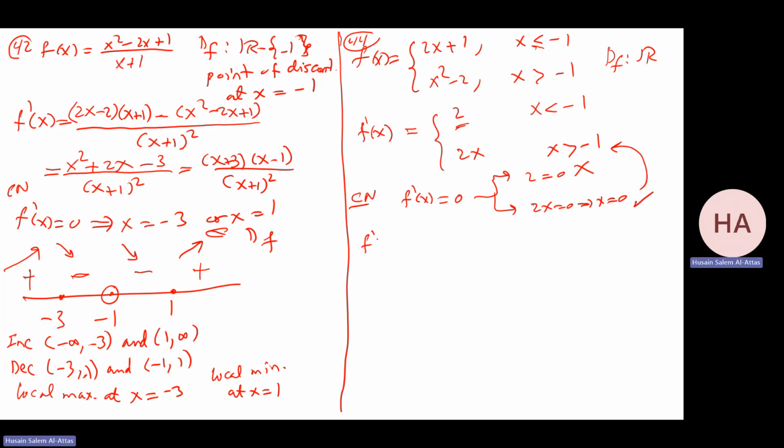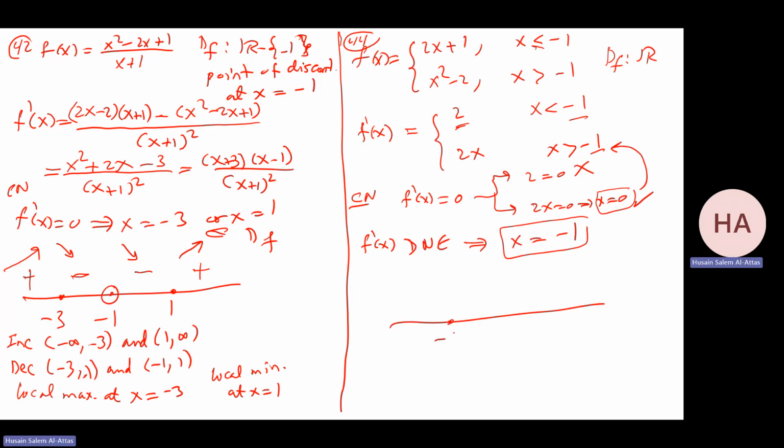And f prime does not exist, since this is a jump point and the limit from the right and from the left are not equal. That means x equals -1. So the critical numbers are -1 and 0.